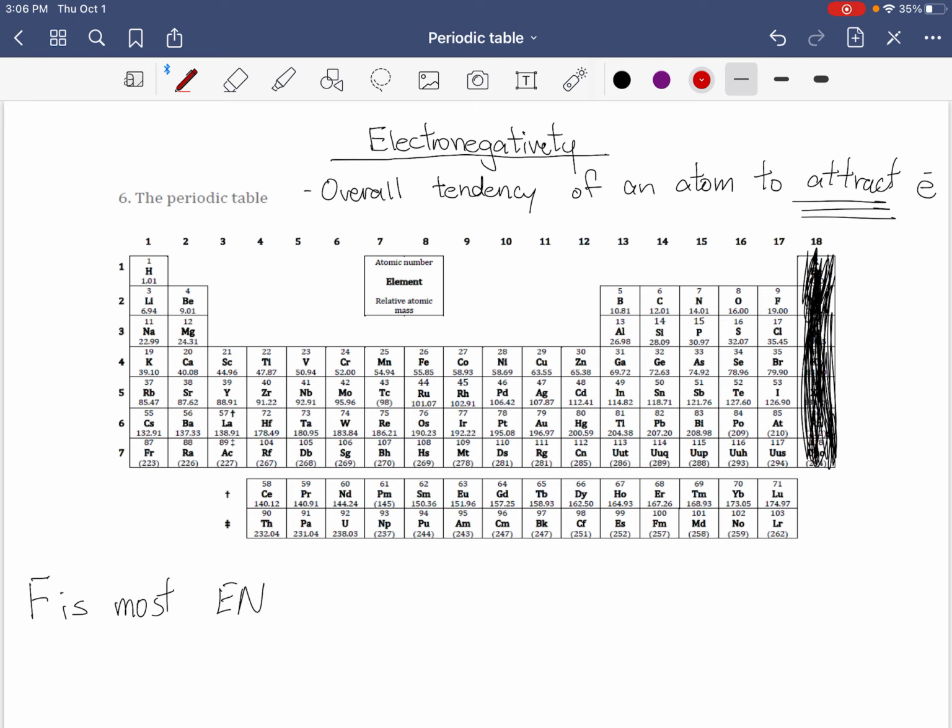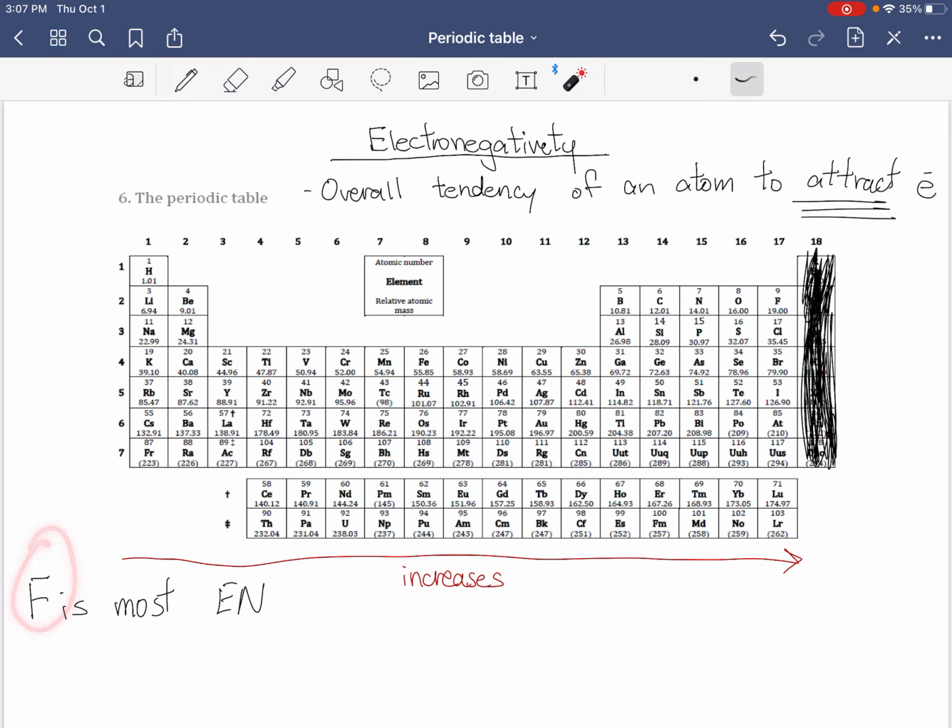As you move across the periodic table, obviously, electronegativity increases, knowing that fluorine is the most electronegative. So if you go down the family, it decreases. Now, the reasoning is quite simple here. Fluorine is, in this case, the smallest of the group.